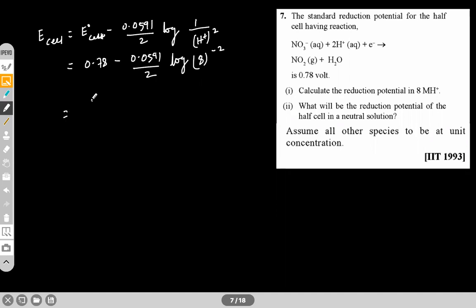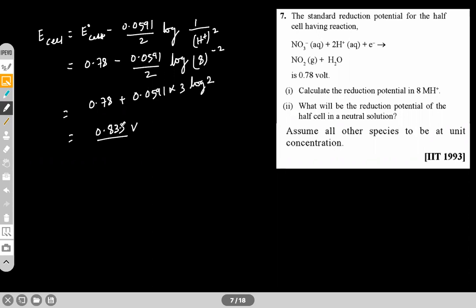Further it becomes 0.78 plus 0.0591 into 3 log 2, right? So you can solve this, you'll get E cell, which is 0.833 volt. So reduction potential is 0.833 volt.